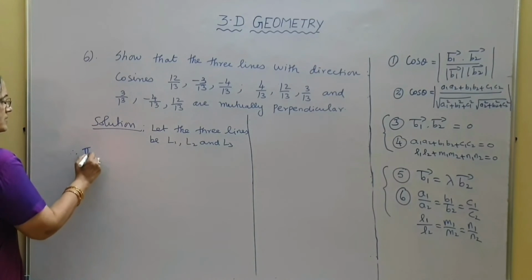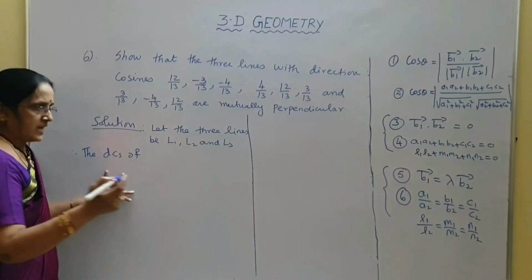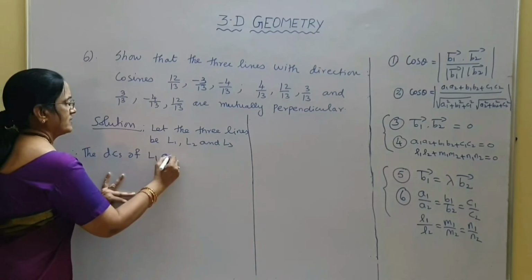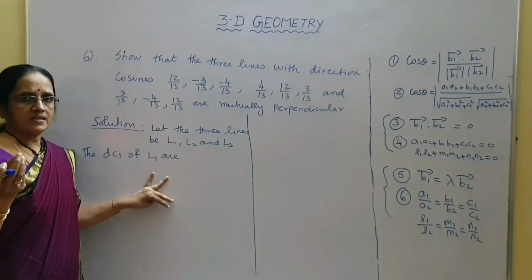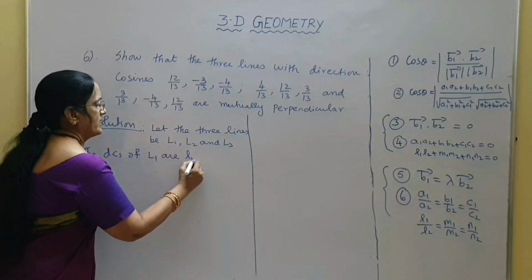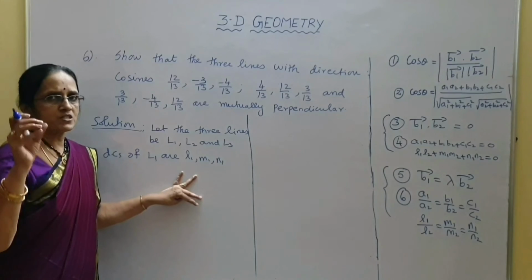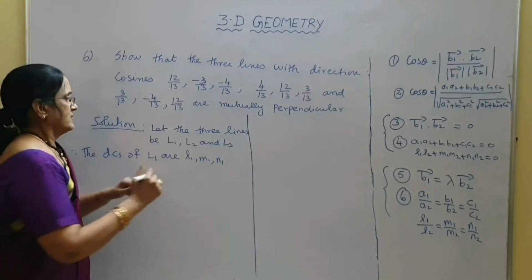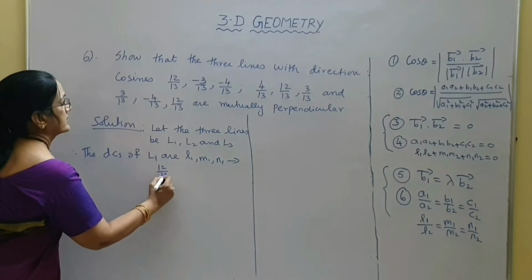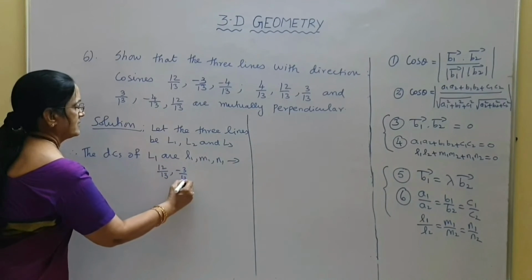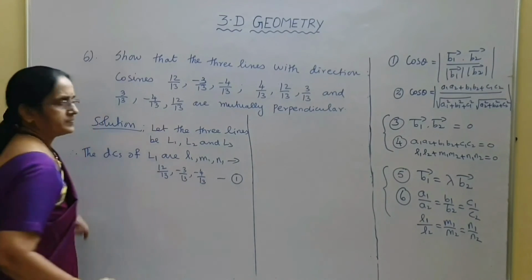Therefore, the direction cosines of the line L1 are, I told in the beginning we will name these direction cosines also as L1, M1, N1, so that it will be easy for us to substitute in the formula at the end. Nothing but 12 by 13, minus 3 by 13, minus 4 by 13, and let me name this as 1.